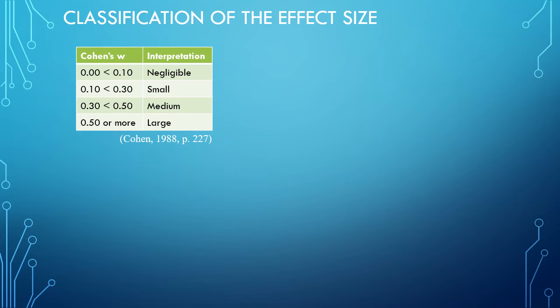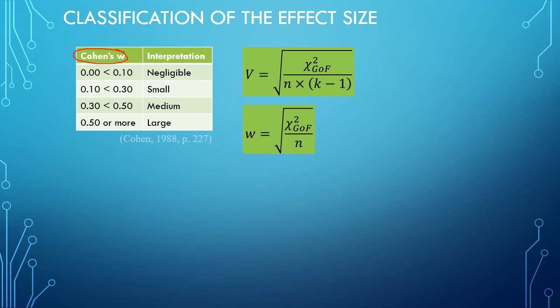He actually deals with his Cohen's W, which is not the same as Cramer's V. Cramer's V had this as a formula, Cohen's W has this as a formula. And as you might notice, the only difference is actually this times k minus 1, which means we can convert a W into a Cramer's V by using this small formula, where k is the number of categories.